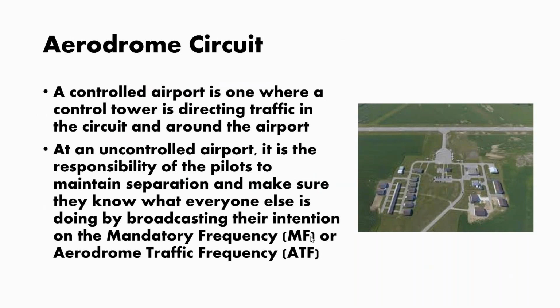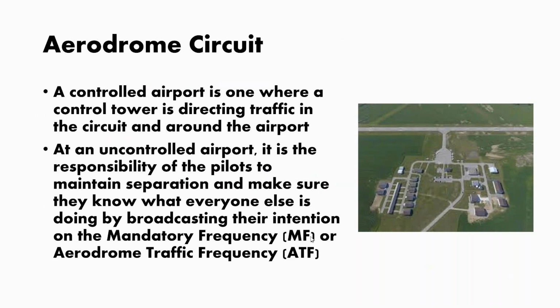An uncontrolled airport is one where there isn't a control tower, and that means it's the responsibility of the pilots to maintain separation, i.e. to not hit each other, and to make sure they know what everyone else is doing. The way they do that is you broadcast your intention, so you tell people what you're doing on what's either called a mandatory frequency or an aerodrome traffic frequency.